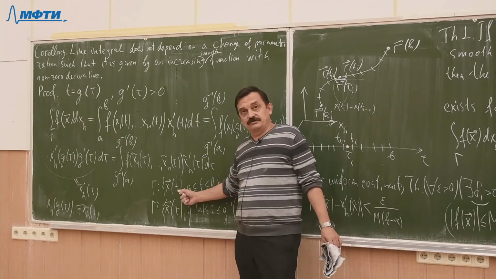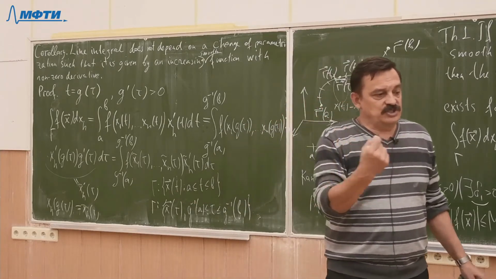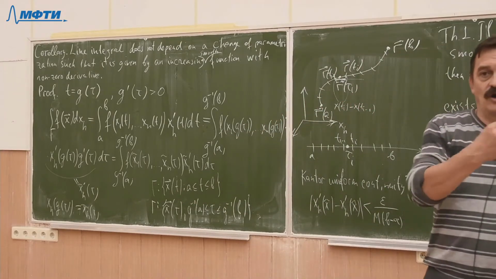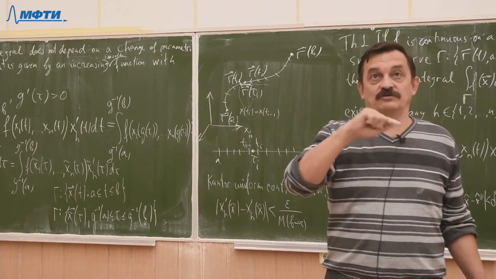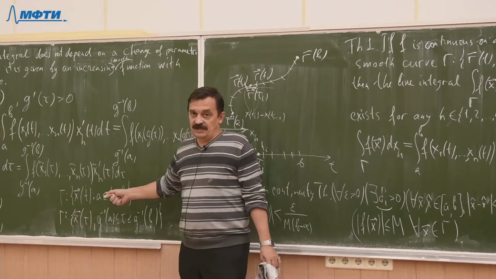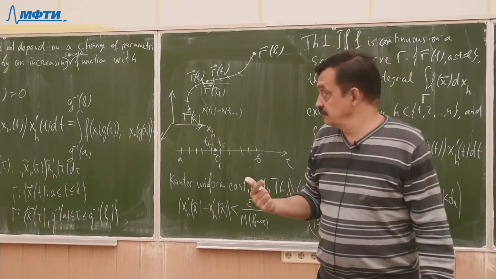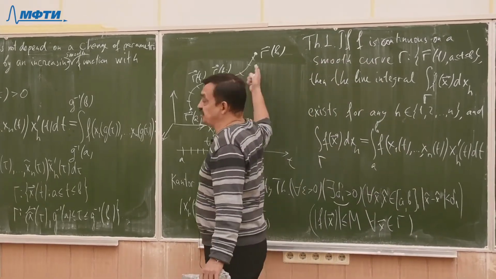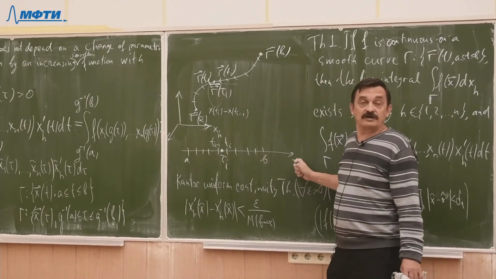So we substitute parameters. It means, roughly speaking, we change the law of how we go along that curve, depending on time. So if we look at t as time, and our curve is a trajectory, then what happens if you change the variable t?